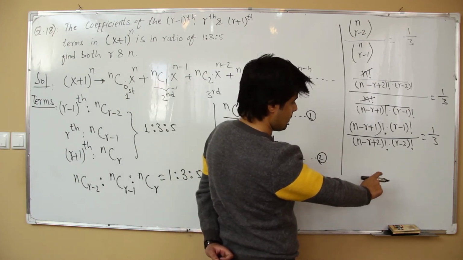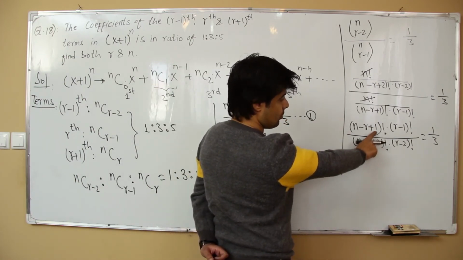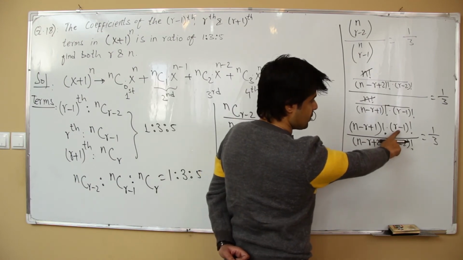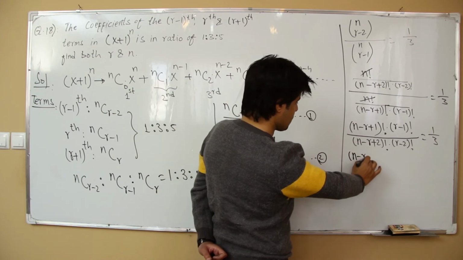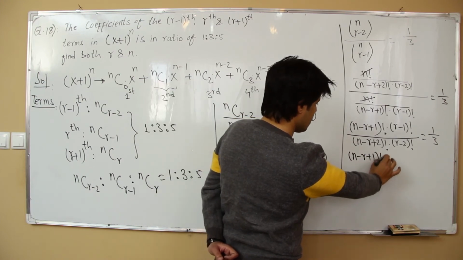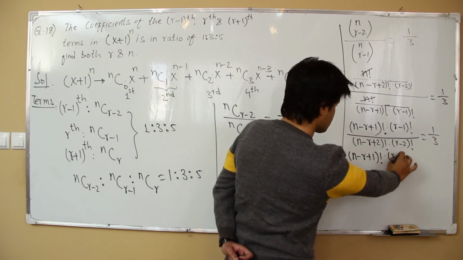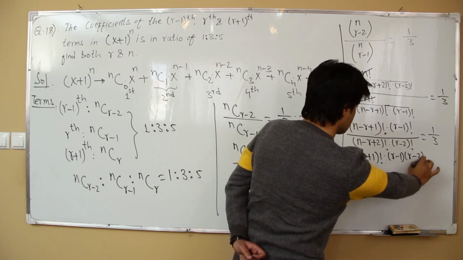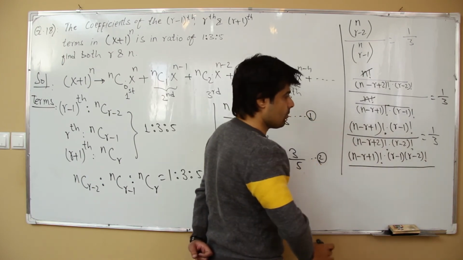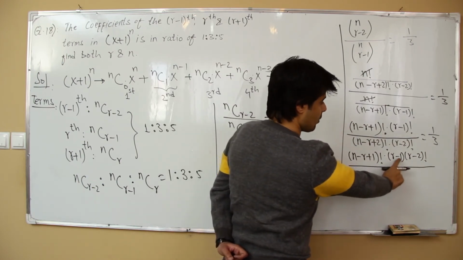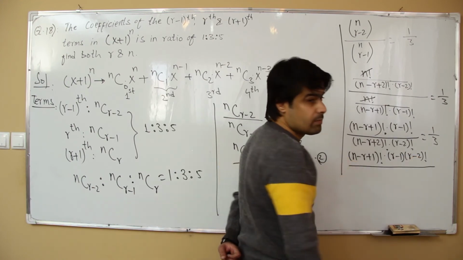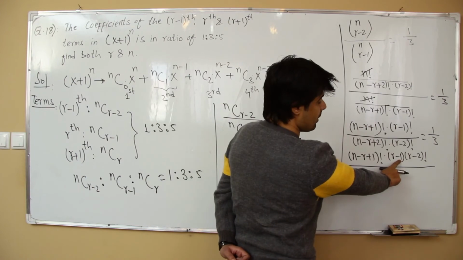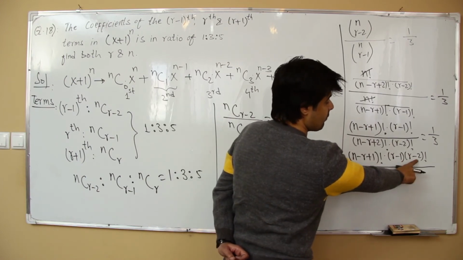I have to expand (n minus r plus 2) factorial up to n minus r plus 1, and I have to expand (r minus 1) factorial up to (r minus 2) factorial. I mean (n minus r plus 1) factorial times (r minus 1)(r minus 2) factorial. What is factorial? The multiplication of the first term with the other terms, each decreased by 1. From r minus 1 you decrease 1, we have r minus 2.